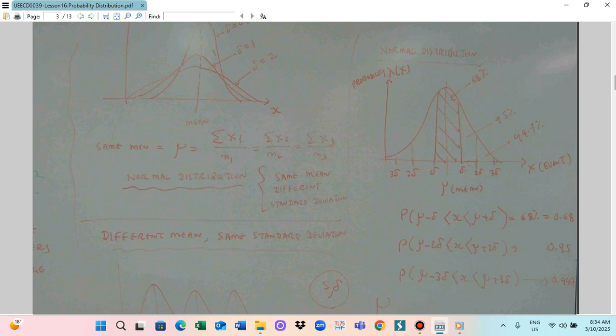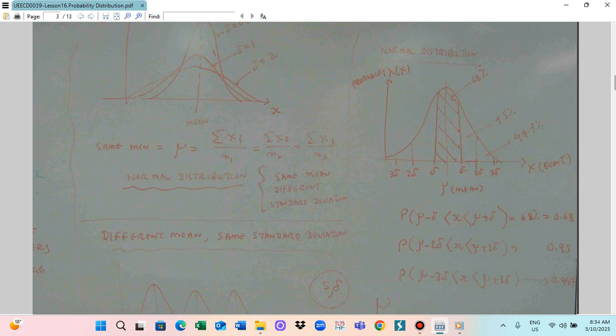So this normal point is the mu. This one will be the delta. This is delta, so this is 1 delta, this is 2 delta, and this is 3 delta. Also on this side, 1 delta, 2 delta, and 3 delta.